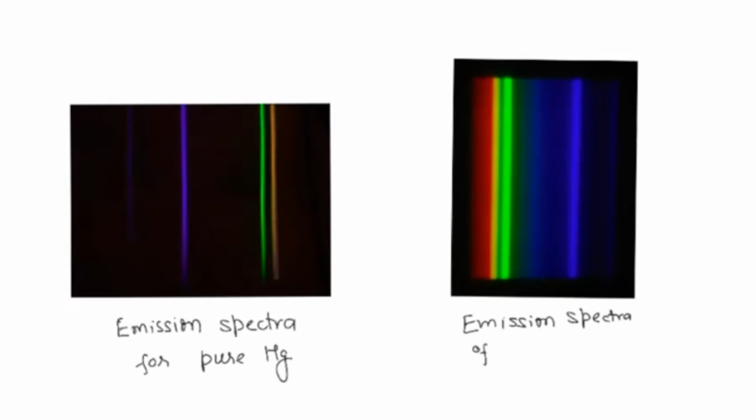So here, the left hand side one that you see is emission spectra for pure mercury. And the right one that you see is what we see in a lab. So this is emission spectra of mercury vapor lamp.